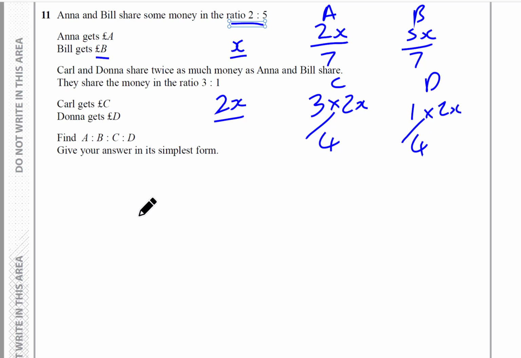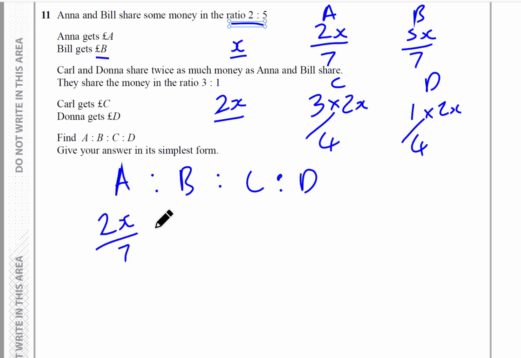So we can combine that as a ratio. So let's do A, B, C, D. So let's start with that.